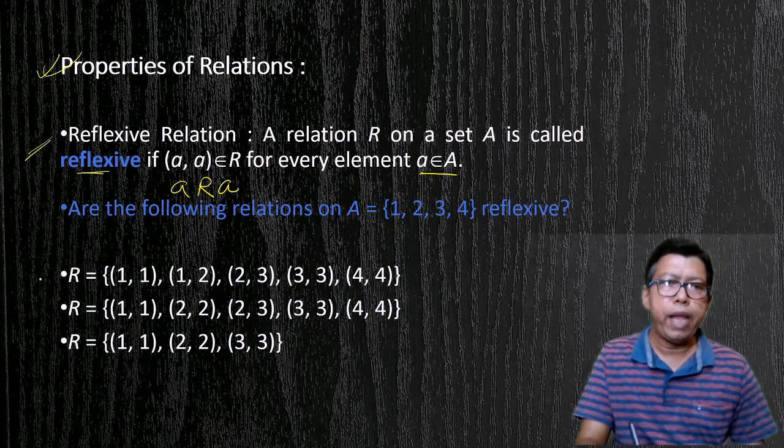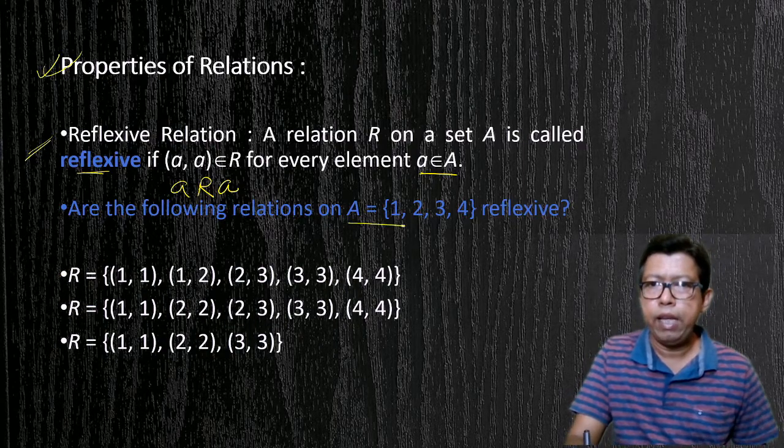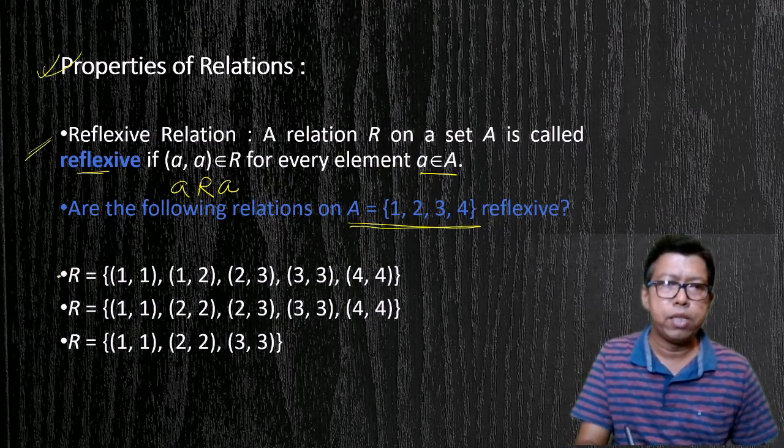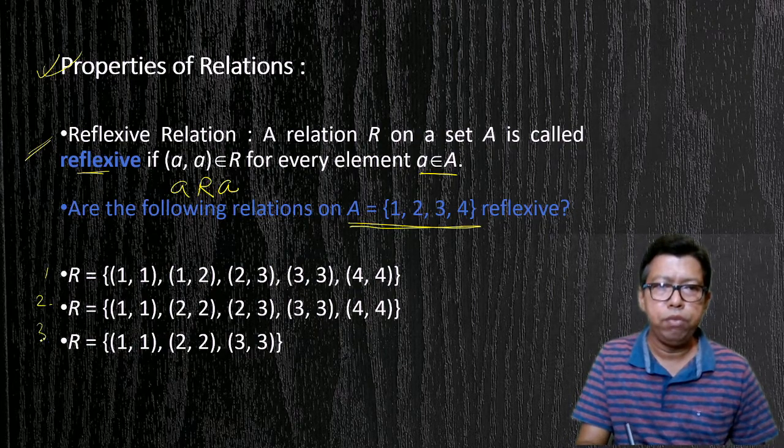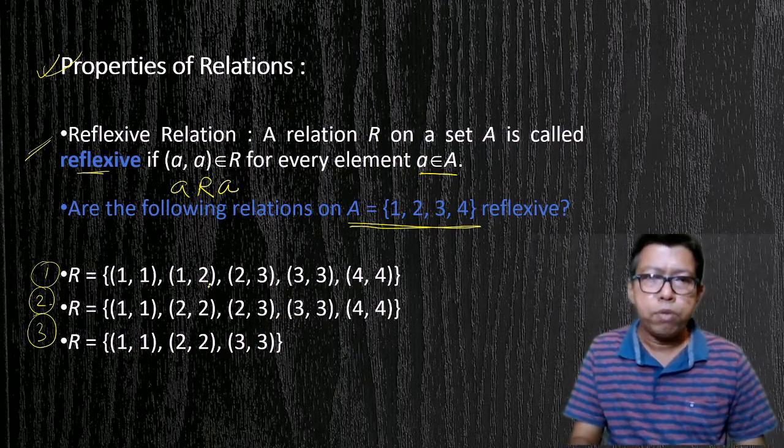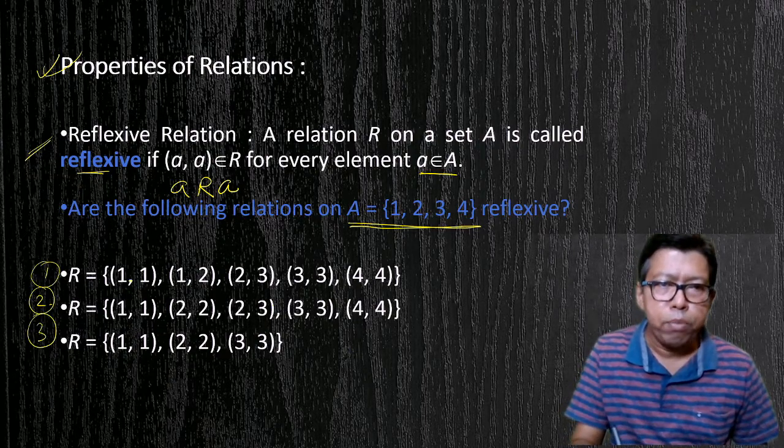So first of all, this is the set A, {1, 2, 3, 4}, and the relations are given. 3 examples are given. So first of all, you observe the first example.